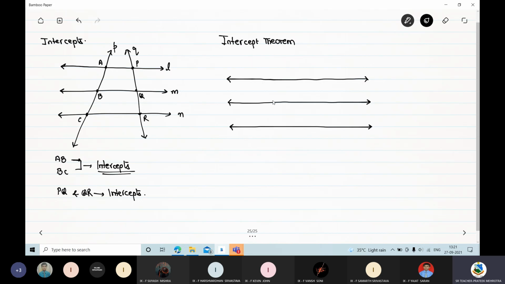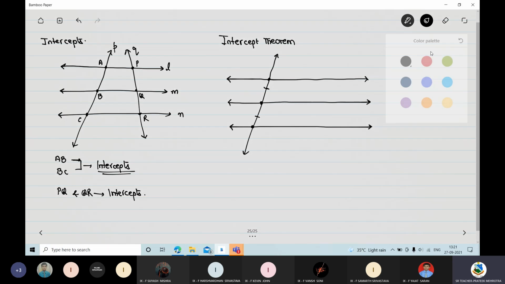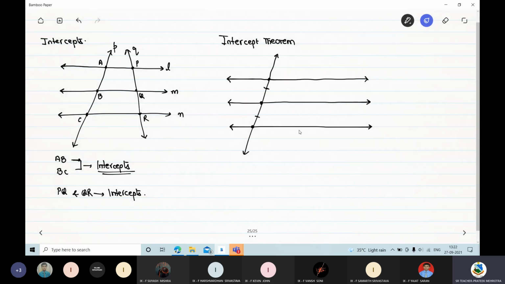So if three or more parallel lines are intersected by a transversal in such a manner that it makes equal intercepts, तो ये equal है, then any other transversal will also make equal intercepts only. You cut it with any other line in any form you want. So if AB is equal to BC, then PQ will also be equal to QR.